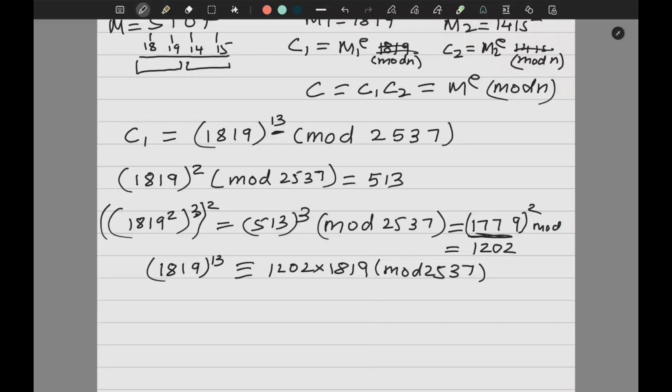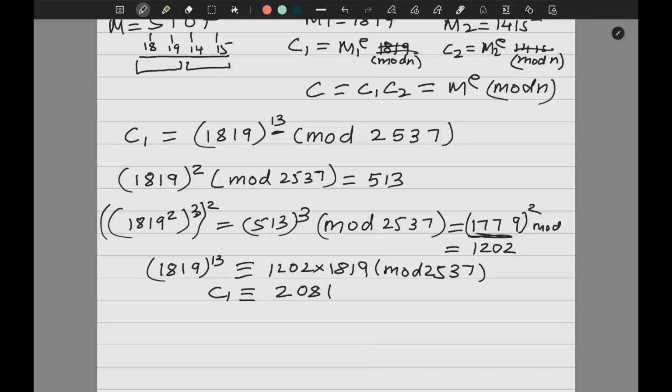So what I got? 2186438. Now divided by 2537. So I got 861 point something. Minus 861 I'll do because I want only the decimal part. Multiply it by 2537. So I got 2081. So finally I got 2081 as my C1 value.